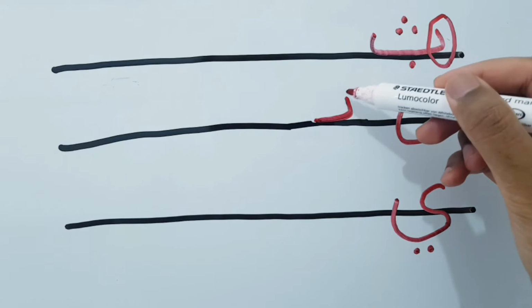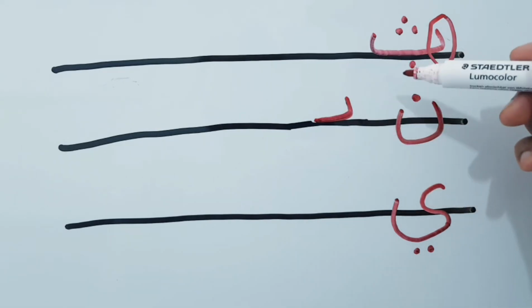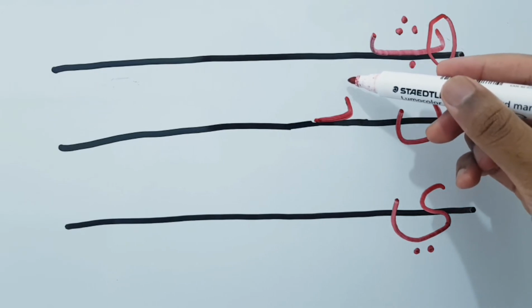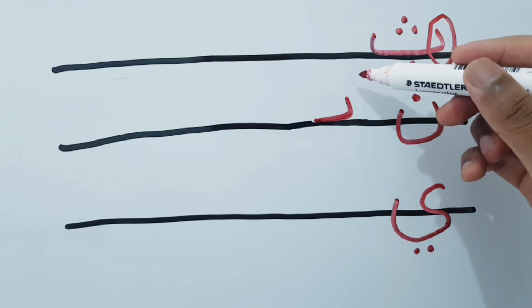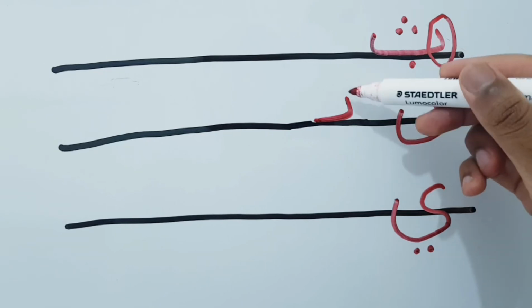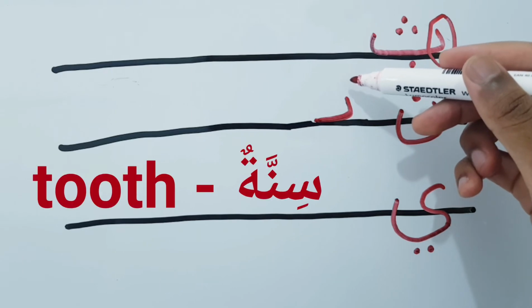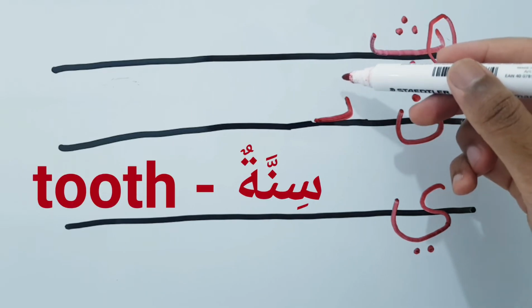So this is the huruf al-khamsa when they appear at the beginning. The difference between the 5 letters is positioning and the numbering of the dots. And the dots, they're either going to appear on top of this line or below this line, which the calligraphers refer to as a sinna, a tooth.